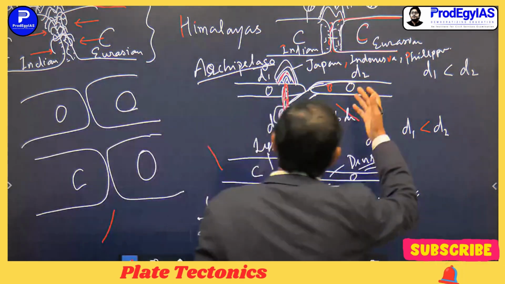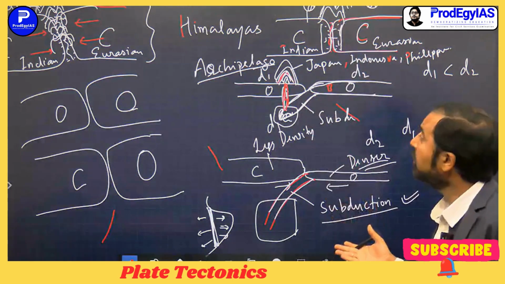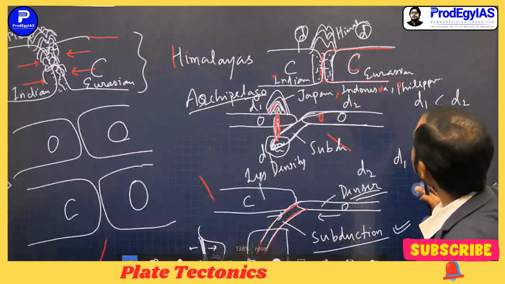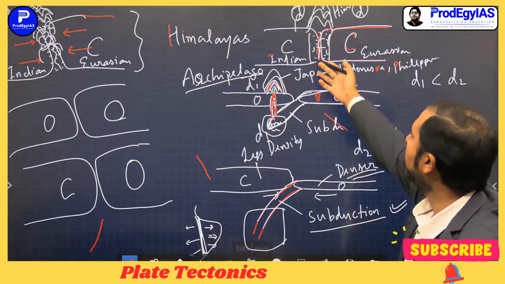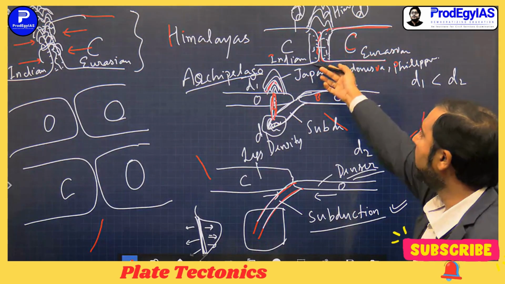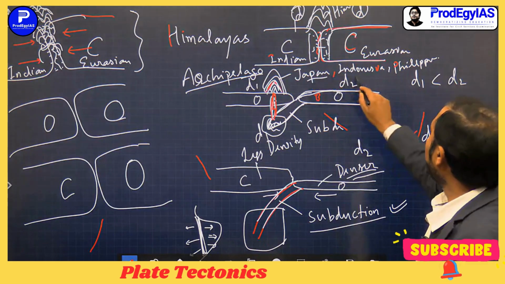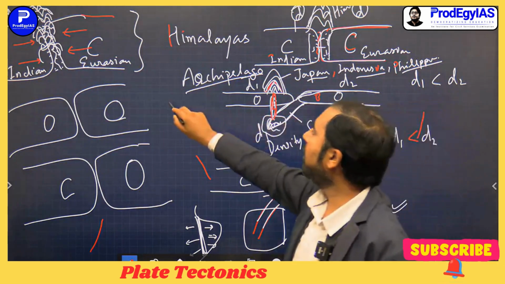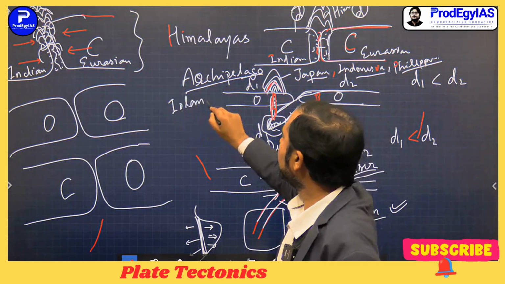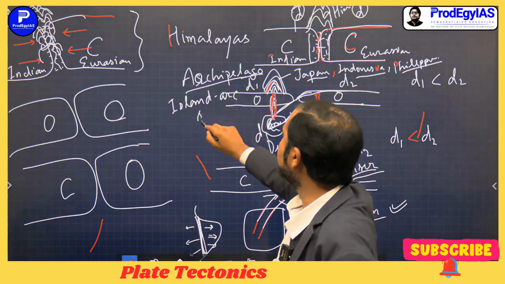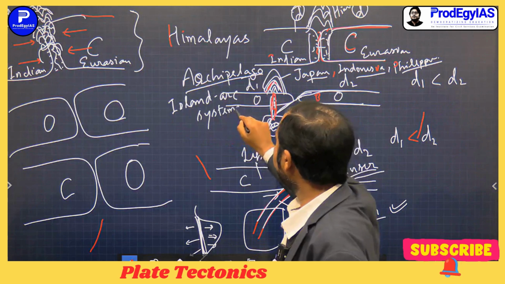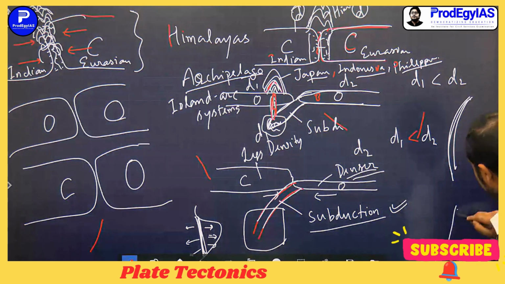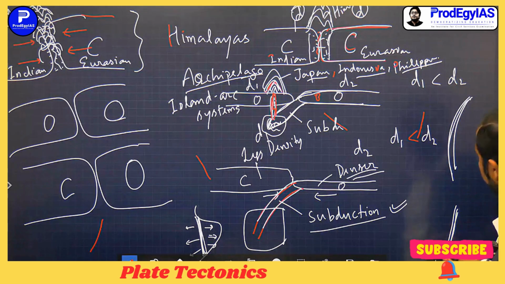So you can easily understand these converging boundaries. The Himalayas are the result of continental and continental collision. Japan, Indonesia, and Philippines archipelagos are also called island arc systems, because they are found in the shape of an arc.